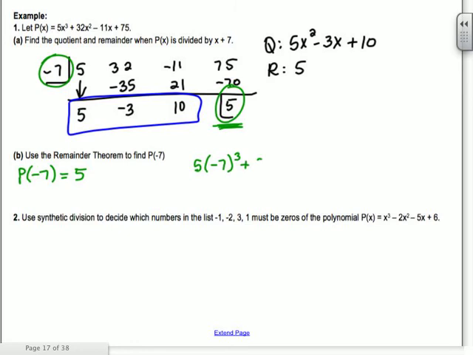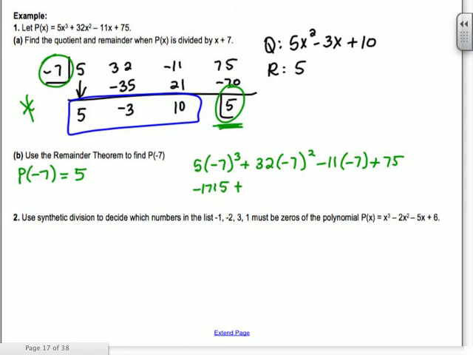So let's try it the other way. So let's say I plug in negative 7. Notice we did the synthetic division without using a calculator at all. It was pretty quick. Didn't take very long. Now if I did this one, negative 7 cubed, I don't know what that is. I'd have to do negative 7 cubed on my calculator. I get negative 343. Then I multiply by 5, still don't know what that is.